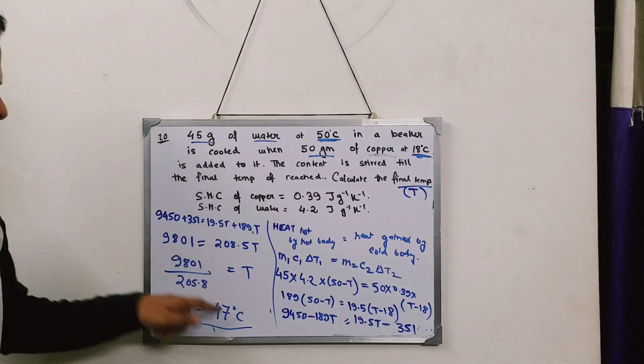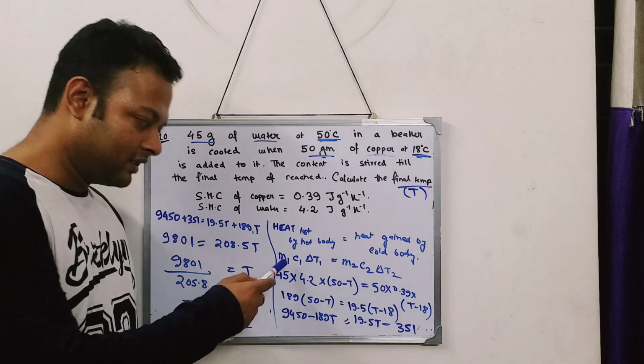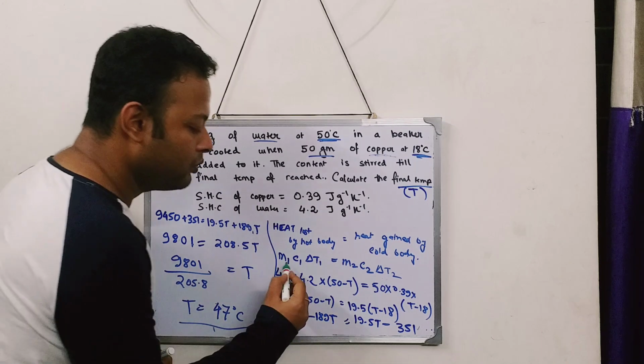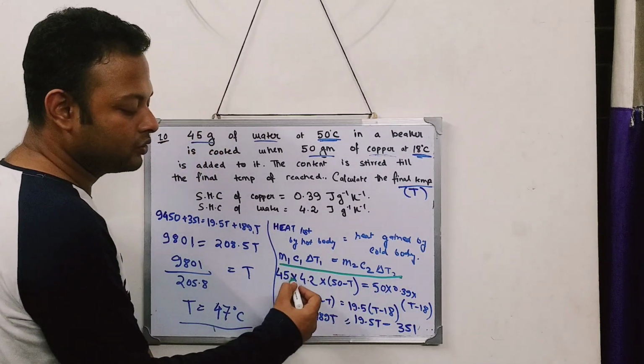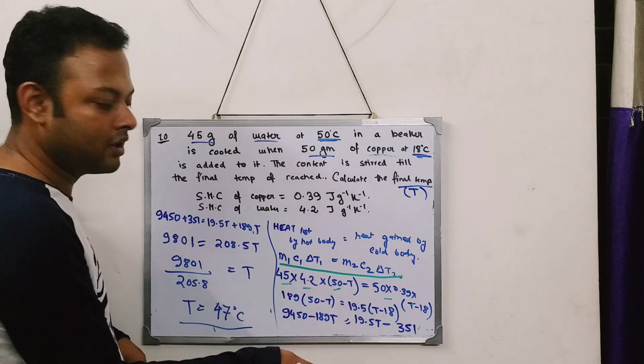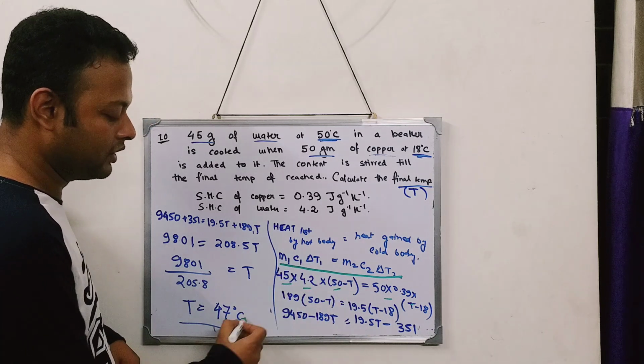So this is a bit of mathematics. Once you get this step, after this you just put the values, and after that is the mathematics part. You solve it and get the answer.